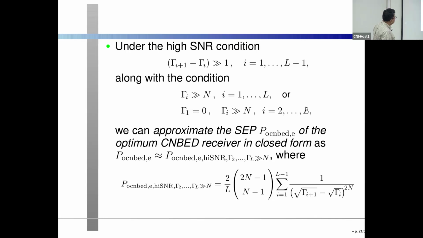This is also very simple. It is actually the same as the coherent detection expression. This also shows one more thing. We'll discuss the diversity gains later, but it's clear that the diversity gain is n here. So this is for the optimum CNBD.